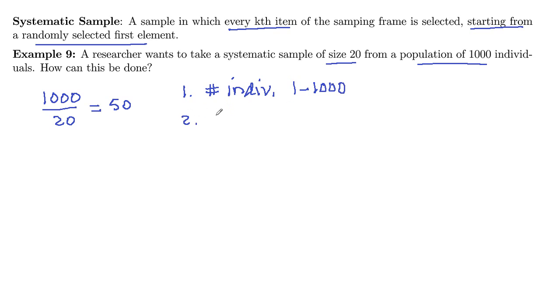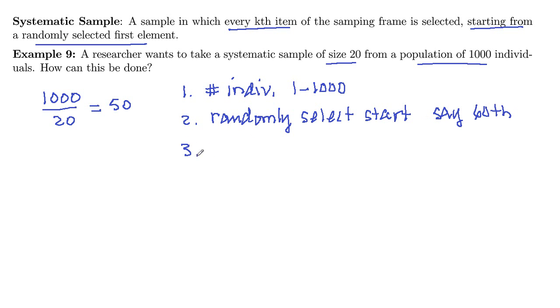And step 2, we would randomly select a starting point, our starting individual. For example, say that that is the 60th individual. And then starting with 60, we'll sample every 50th individual.